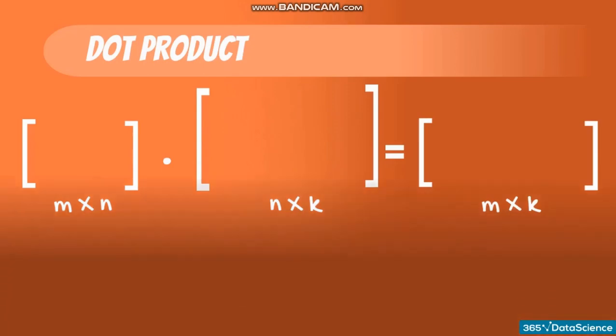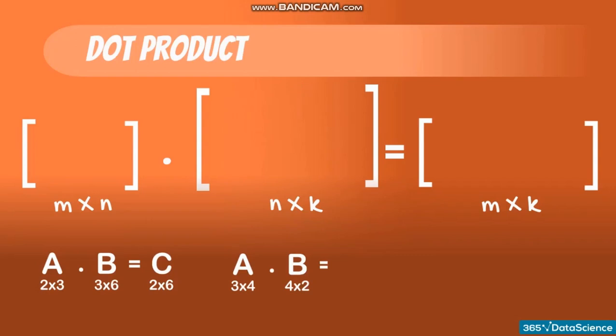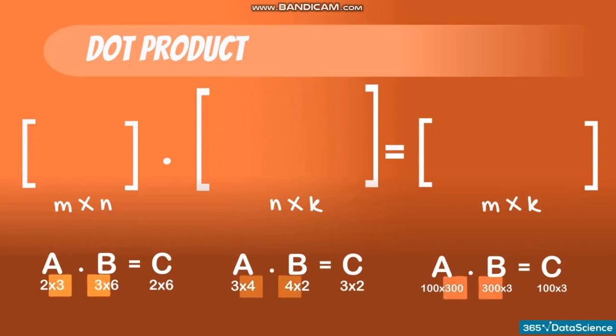For instance, a 2 by 3 matrix times a 3 by 6 matrix will give us a 2 by 6 matrix. A 3 by 4 matrix times a 4 by 2 matrix will give us a 3 by 2 matrix. A 100 by 300 matrix times a 300 by 3 matrix will result in a 100 by 3 matrix. Basically, whichever dimension is repeating will disappear in the resulting matrix.